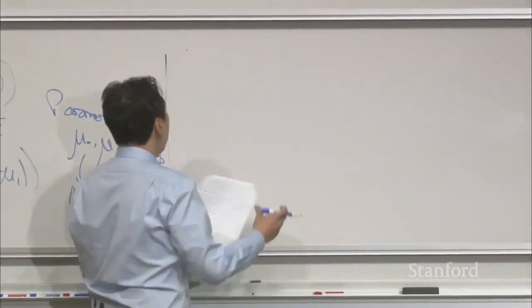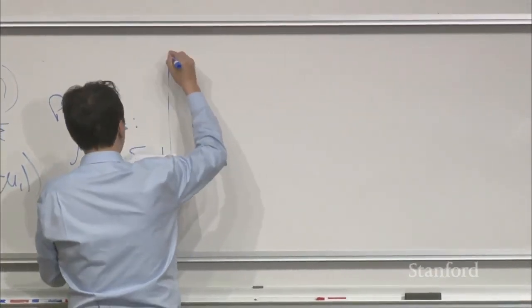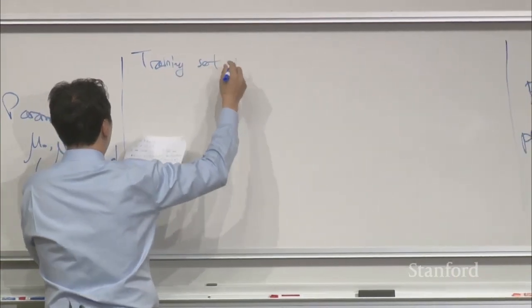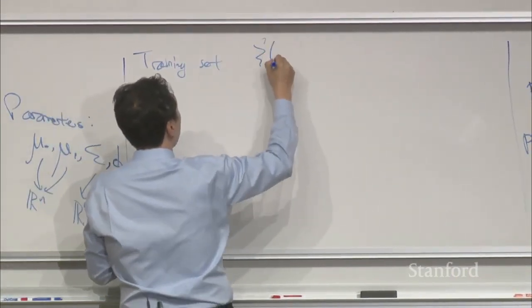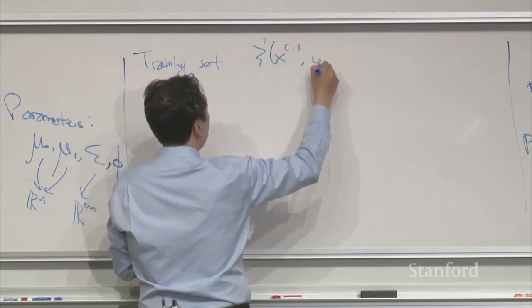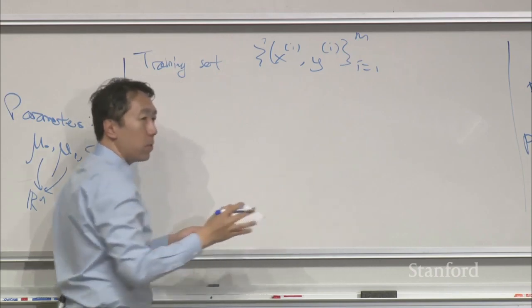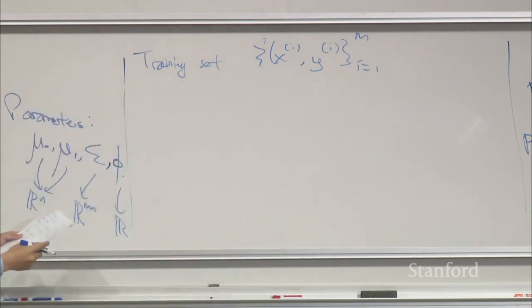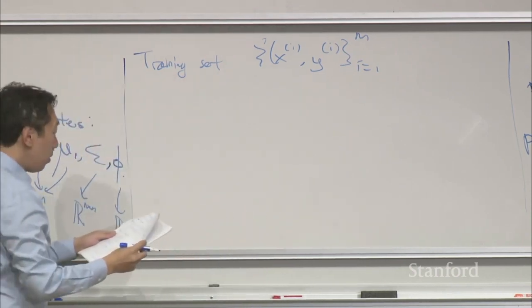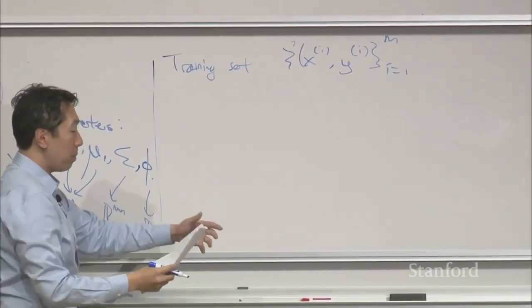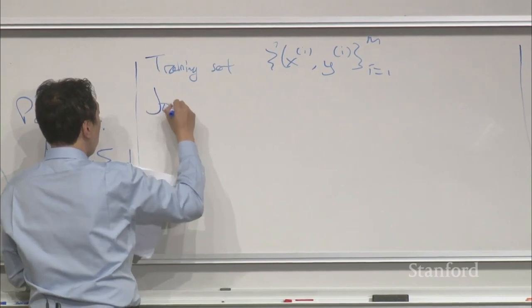Right? So let's talk about how to fit the parameters. So you have a training set. As usual, let me write the training set like this: x^(i), y^(i) for i equals 1 through m. Right? This is the usual training set. And what we're going to do in order to fit these parameters is maximize the joint likelihood.